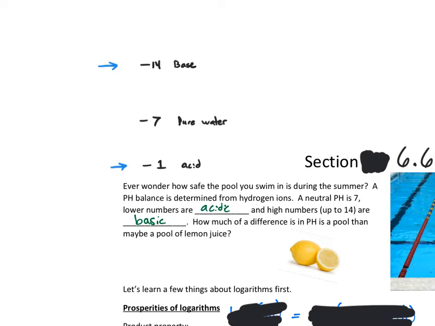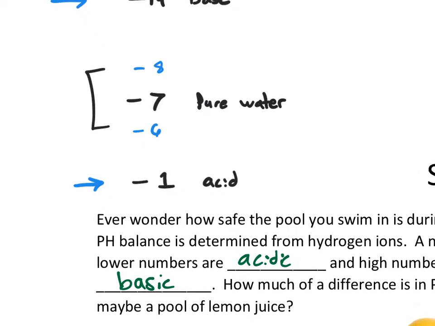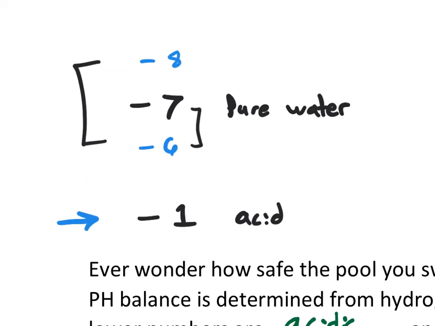Now, the pH scale is logarithmic, just like the earthquake scale was that we watched in the previous video, which means if I go to 8 or to 6, it kind of goes both ways, where you won't really be comparing 8 and 6 as much because it's from the base scale and the acid scale, but more so looking at, as you get further down in the acid direction, going from a 7 to a 6, it's logarithmic, so it's 10 times as bad.